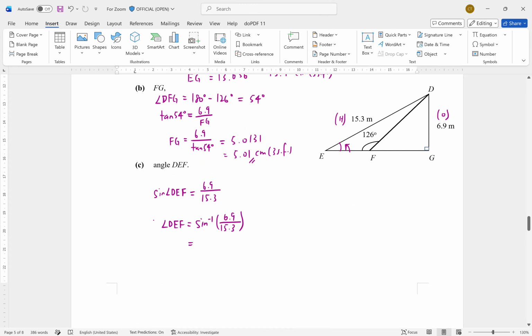So we calculate sine inverse of 6.9 over 15.3. That will give me 26.807 degrees. For anything in degrees, we round to one decimal place, so the answer will be 26.8 degrees.